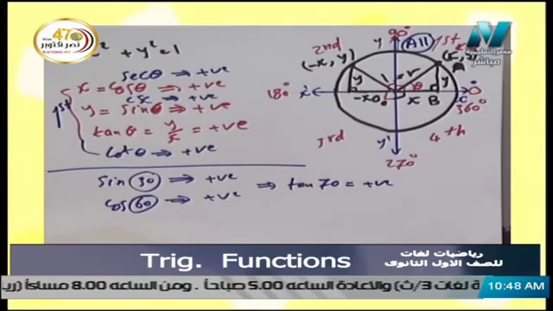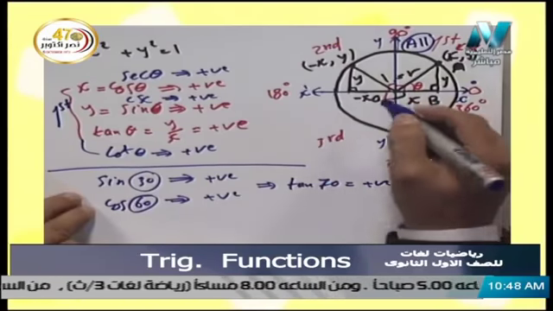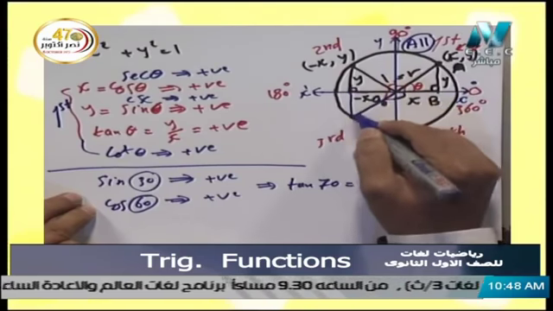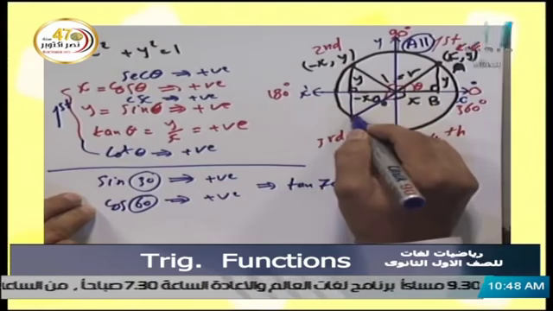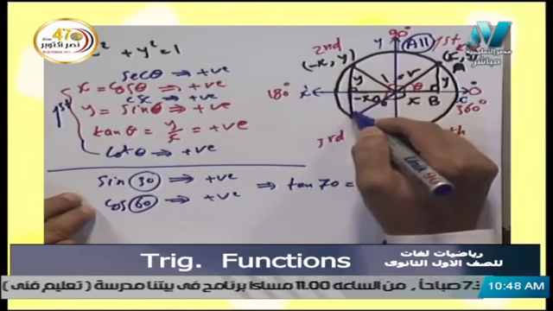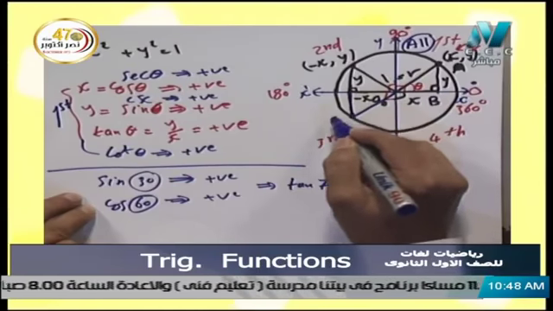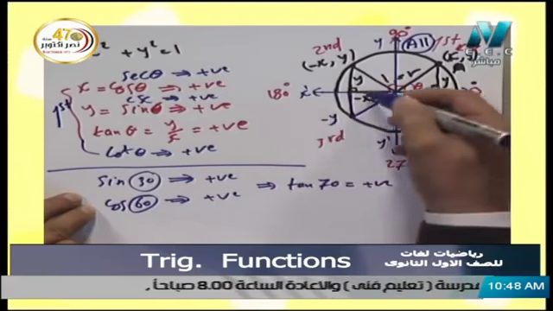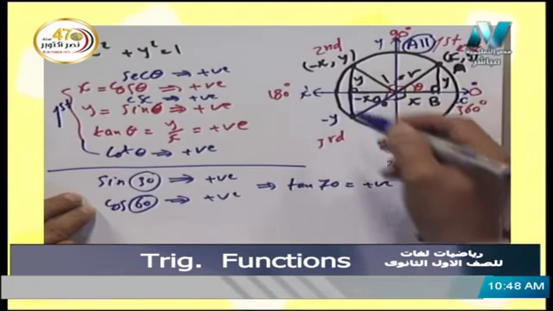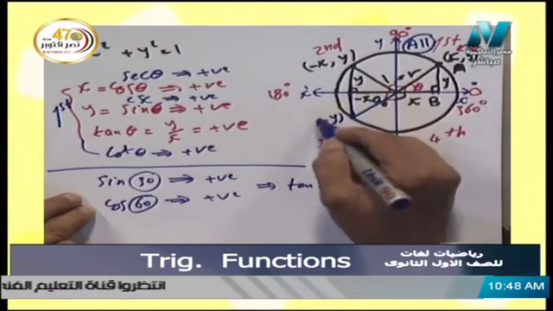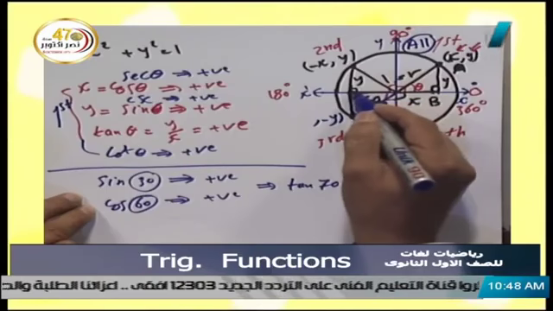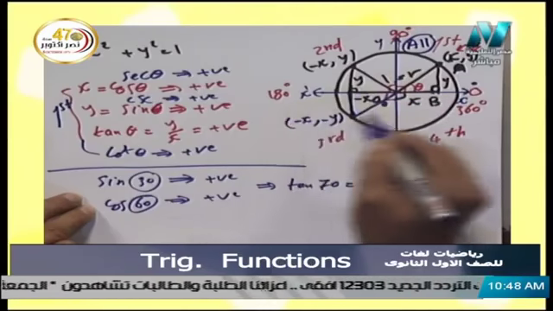Okay, let's move to this point here. This point here equals what? We know this is part of y, and y here will be negative because it's down the x-axis here, and we know this part is negative, so y here is negative, and x here is negative also because it's left side.